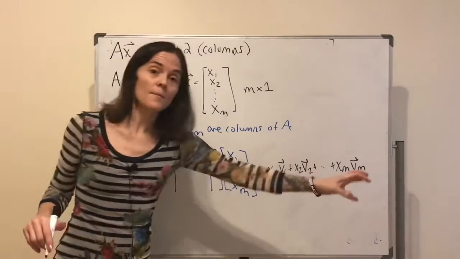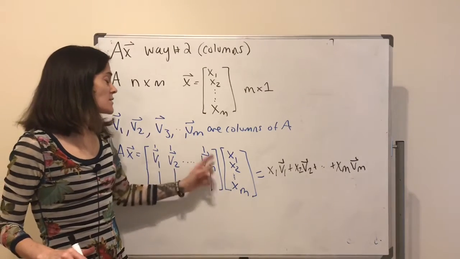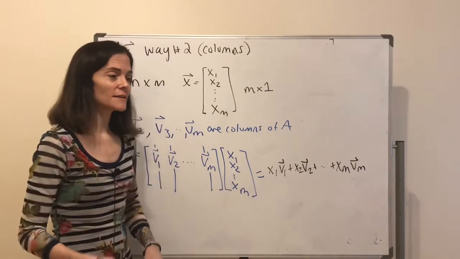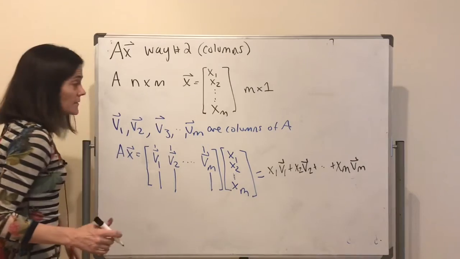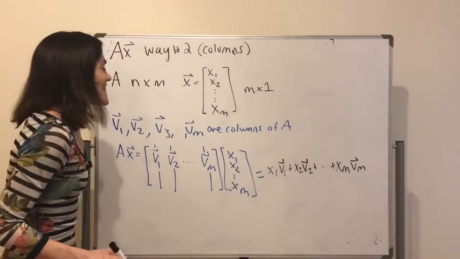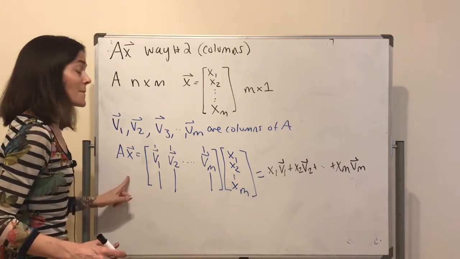This is a sum, right? I'm adding up all of these vectors, but with these multiplied. And this has a name. It's called linear combination. So maybe let me just give you the definition of a linear combination, although literally we see it here. Then I will do the last two examples that we saw. I'm going to do them in this viewpoint.